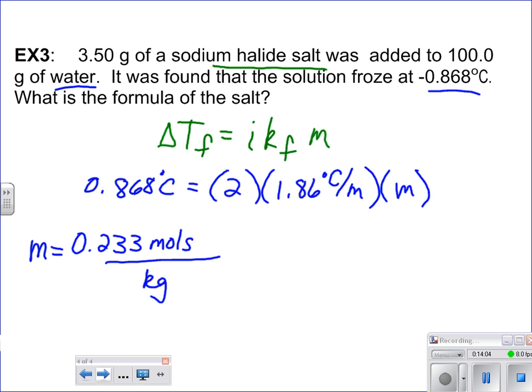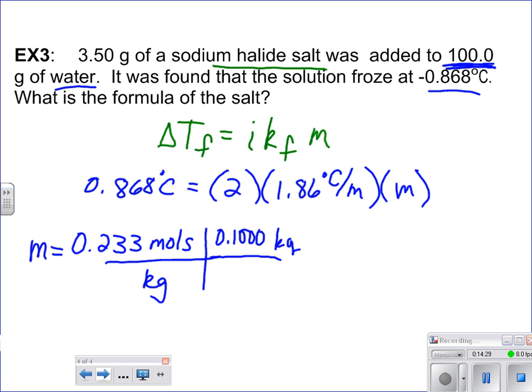Next step. We don't care about our solvent, so let's get rid of that information, meaning I should multiply it by what? 0.1. And I really can't stress this enough that so many people are still missing that. If you have 100 grams, that's 0.1 kilograms.